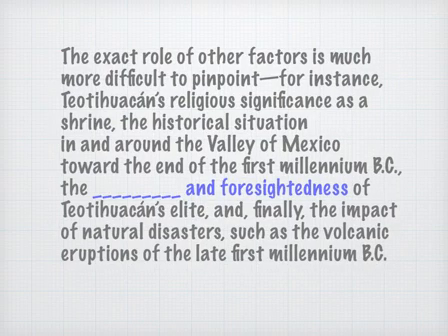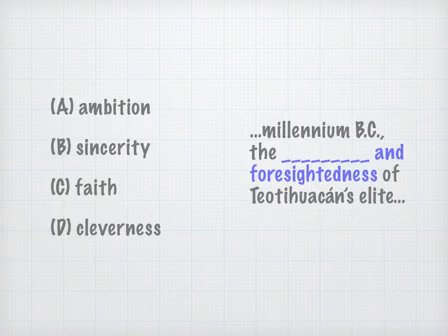Let's highlight this first question that we were asked about, question 4: the blank and foresightedness of Teotihuacan's elite. So we're going to zoom in and focus on this particular segment of the sentence, with the 4 answers here on the left. We've got ambition, sincerity, faith and cleverness. Now, this is actually a collocation, so we have blank and foresightedness of Teotihuacan's elite.